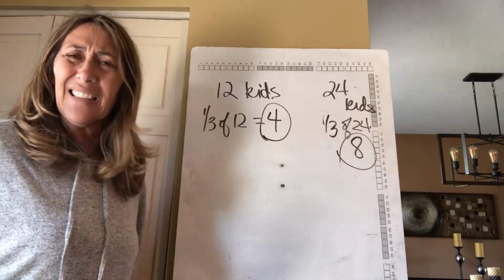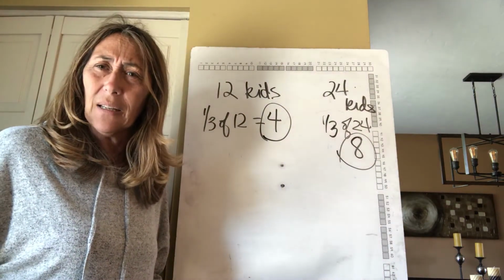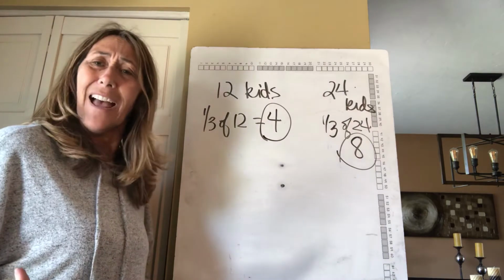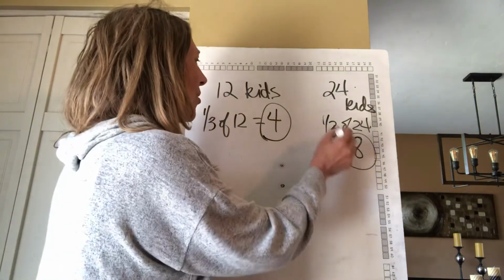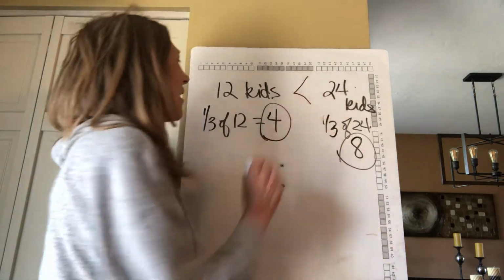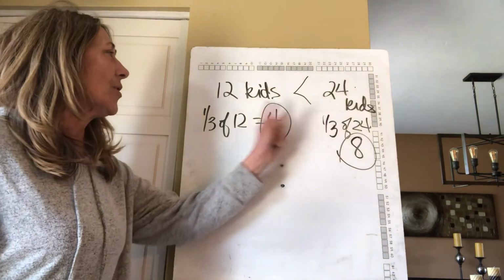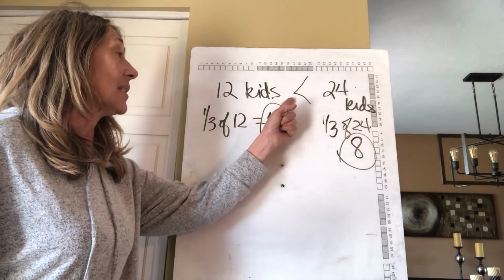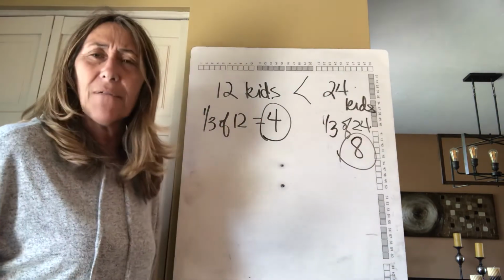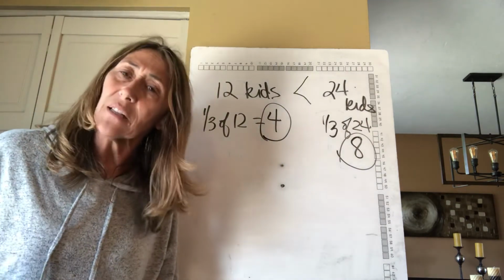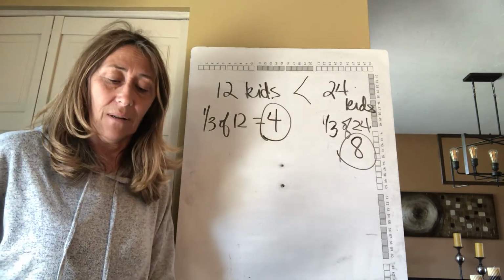So in this case, is 1/3 equivalent? No, it's not. 1/3 of 12 kids is less than 1/3 of 24 kids, but we're still talking about thirds.